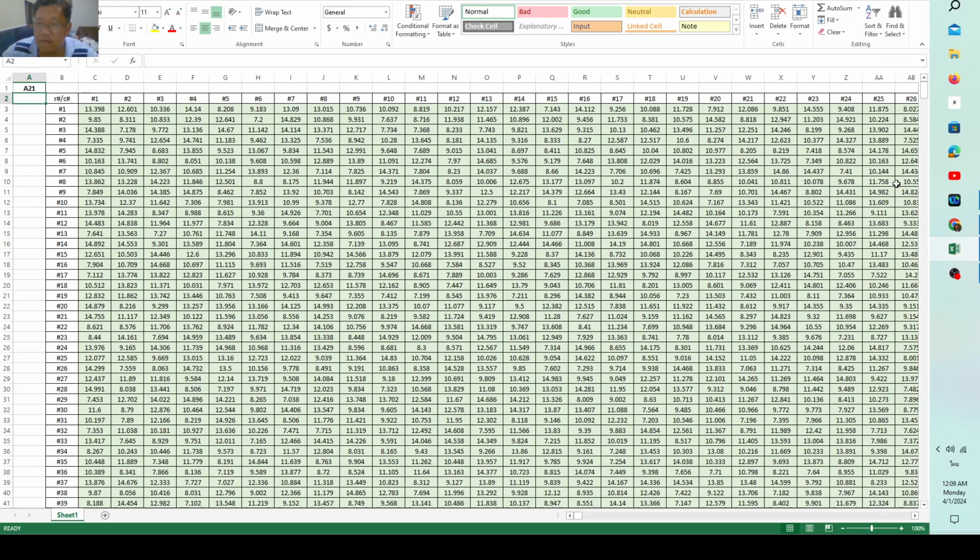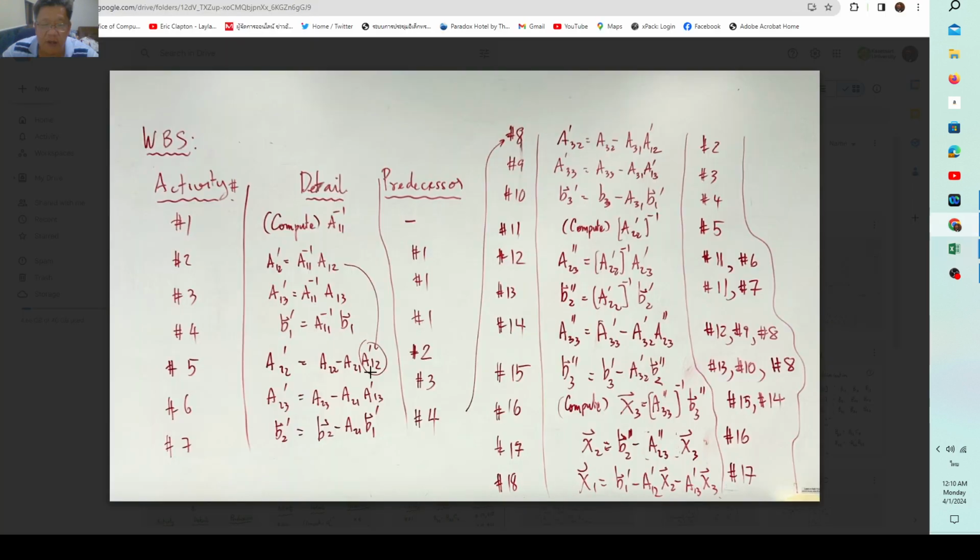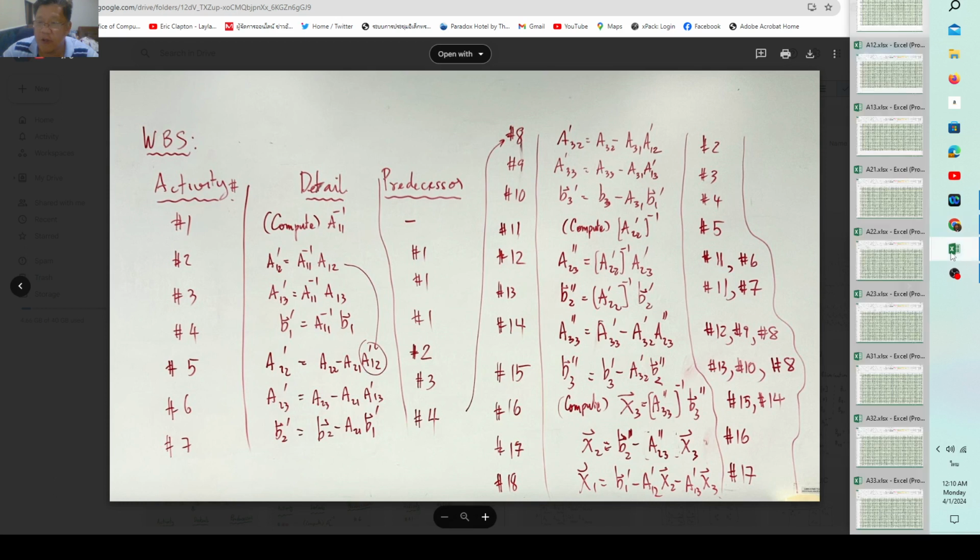You can go back here, you can compute A21 times A12 prime, and then you can subtract it from the file of A22, A22 here. And then the same thing you can do for A23.